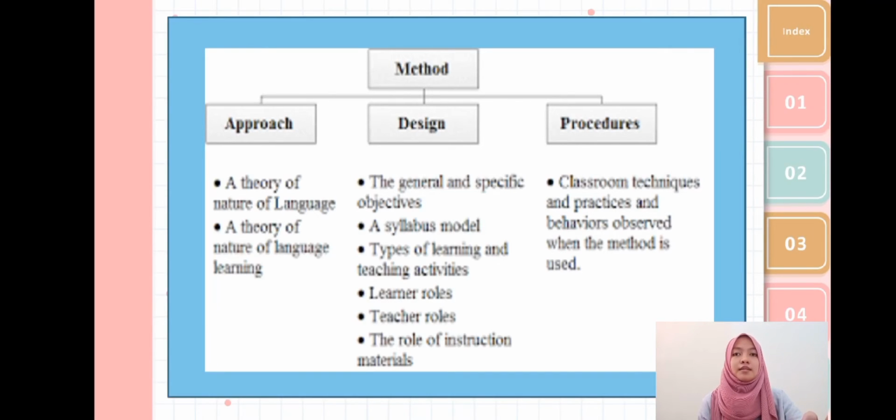And second, design, there are the general and specific objectives, syllabus model, and types of learning and teaching activities. I think you can see this in the slide. And third is procedure. The first is classroom techniques and practices and behavior observed when the method is used.